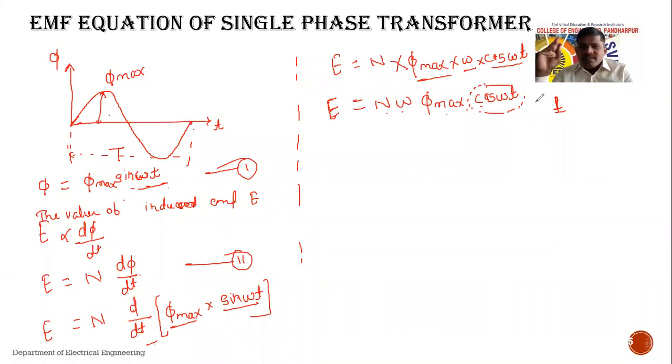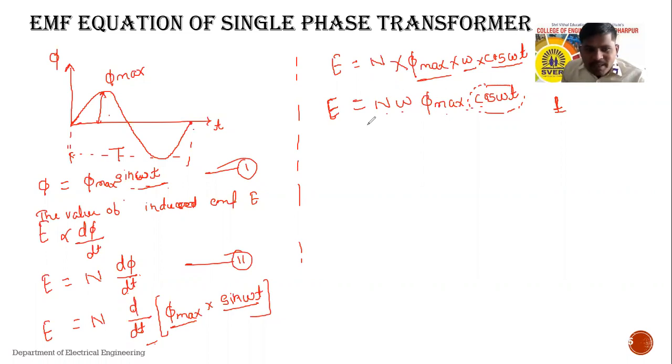Correct? At the situation when I get the value of cos omega t as 1, I get the value of induced EMF maximum. And cos omega t is equal to 1 when I put the value of t, that is time, equal to 0. Then the EMF induced in the case of a transformer will be maximum.